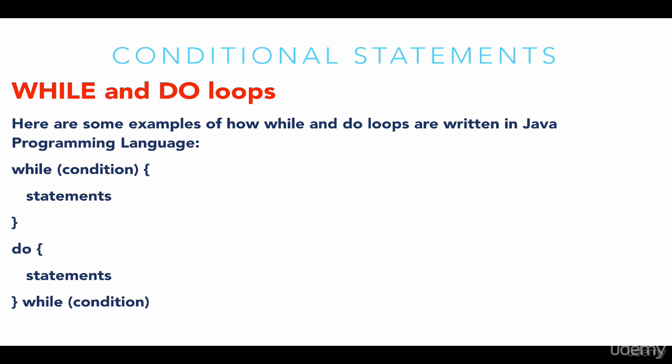And for the do loop, we just need to type in do, and then we need to use an opening curly brace followed by a closing curly brace, and then we need to put in the statements inside the curly braces. And at the end of the do loop, we need to write in while, and then we need to put in the condition inside the parentheses.